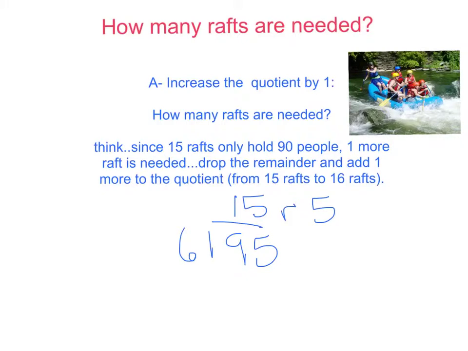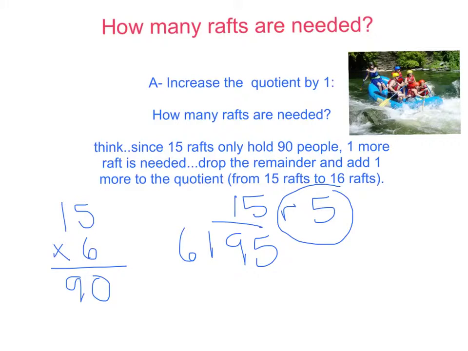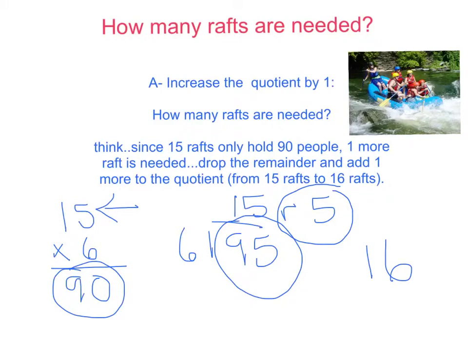Since 15 rafts only hold 90 people, that's 15 times 6, which is 90, I still have these remaining 5 left over. I can't tell these 5 people, because there's original 95 people, no, I'm sorry, you can't go rafting. Instead, I want to add 1 more raft to the 15, making it a total of 16 rafts. And that takes us to our next part of our question.